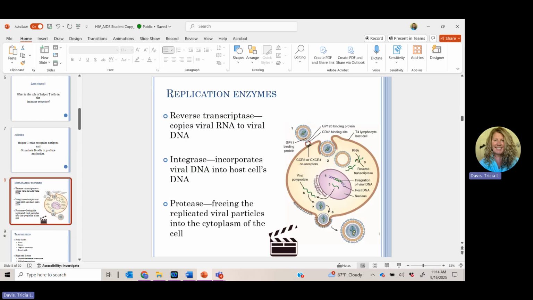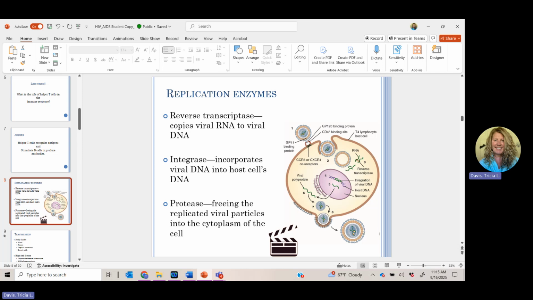So we have different replication enzymes, and these are important in the replication process. When we think about this virus being able to replicate, this is what's involved. We have reverse transcriptase, which copies the viral RNA to viral DNA.